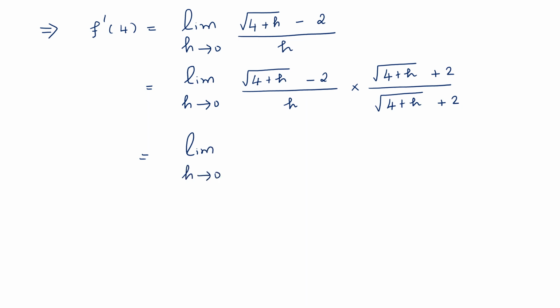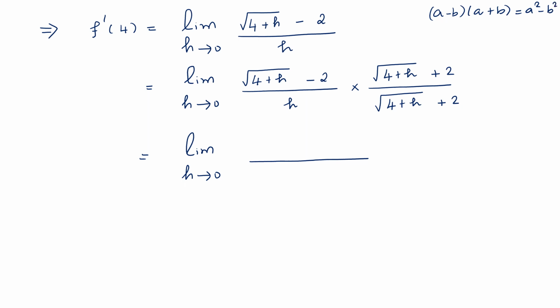In the numerator you have to see (a minus b) times (a plus b). We can recall the rule: (a minus b) times (a plus b) equals a square minus b square.